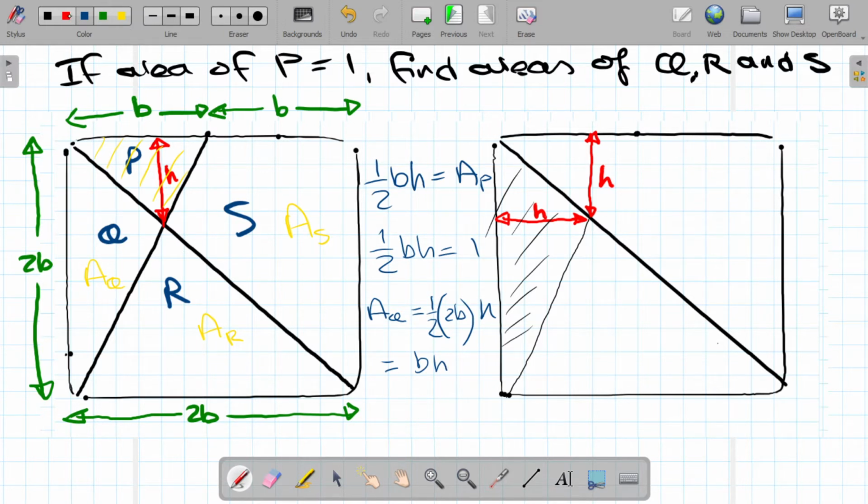Well, if you notice, we've got a half B times H equal to 1 up here. That is the area of the first triangle here, right? The area of the first triangle. So what we can see, and in fact, I'll go on to another page now. So we'll label this equation as 1, and we'll label this as equation 2.